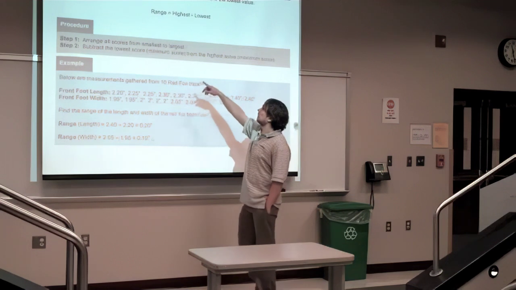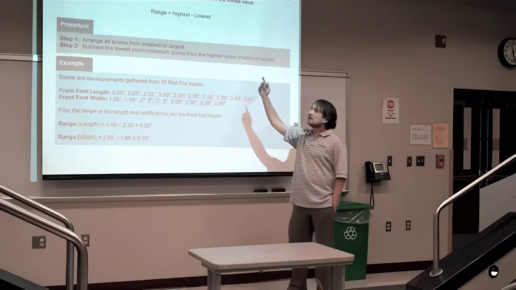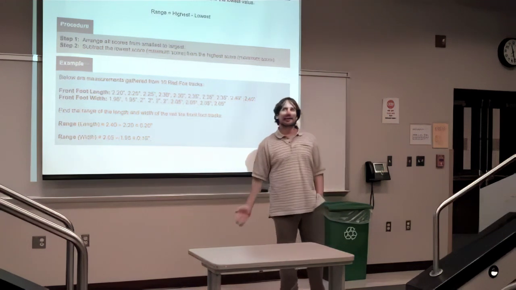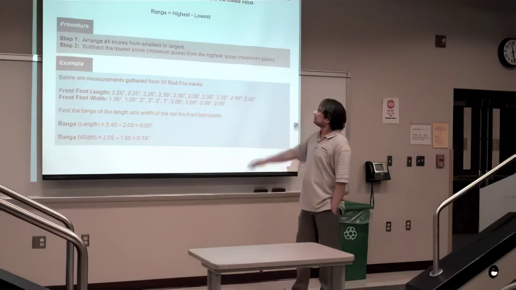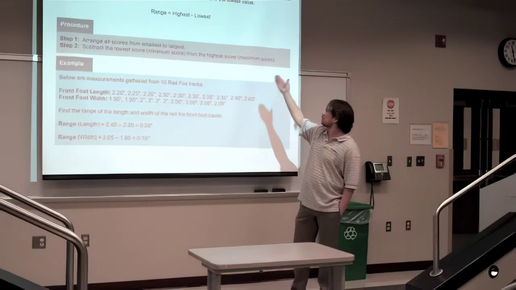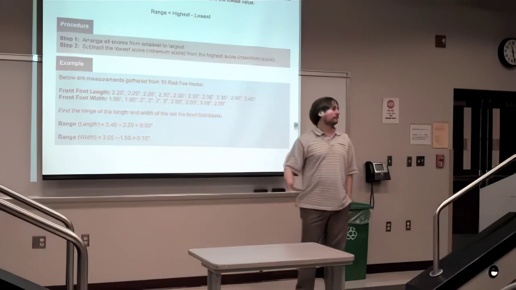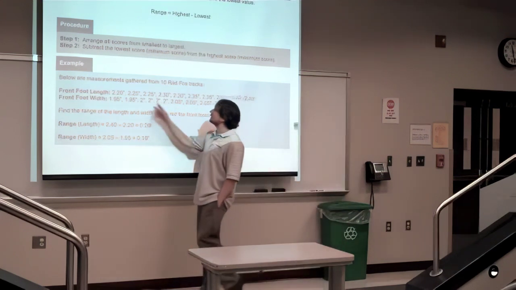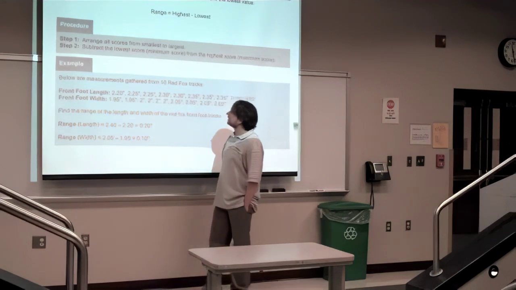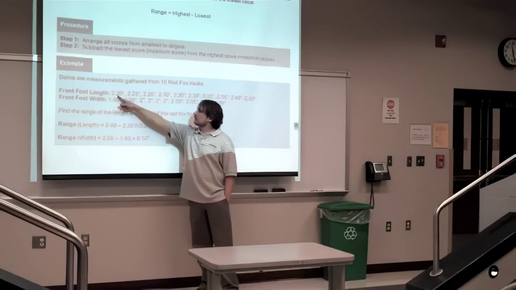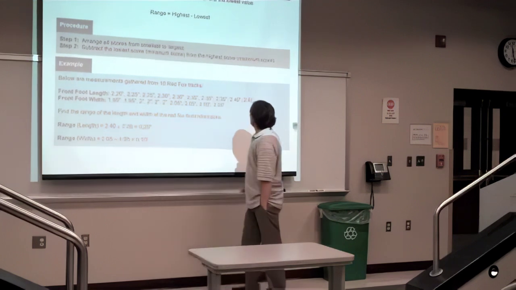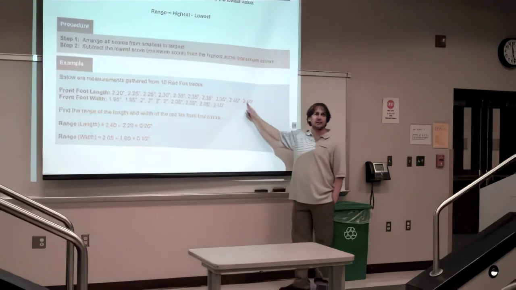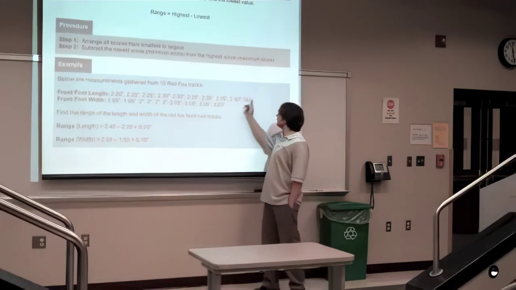So the procedure: arrange all scores from smallest to largest. You don't even really have to do that as long as you can identify the smallest and largest number. Subtract the lowest score, the minimum score, from the highest score, the maximum score. Can't get any easier than that. So below are measurements gathered from 10 Red Fox tracks. So this is my smallest for my front foot length. This is my largest for my front foot length. So I subtract that from this.